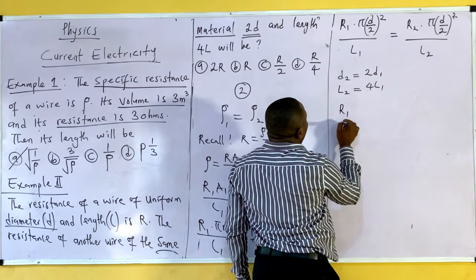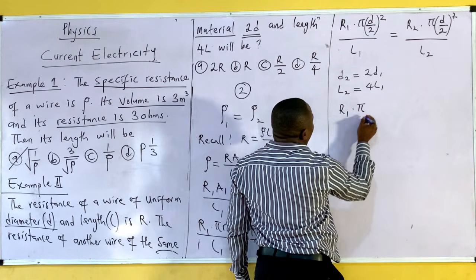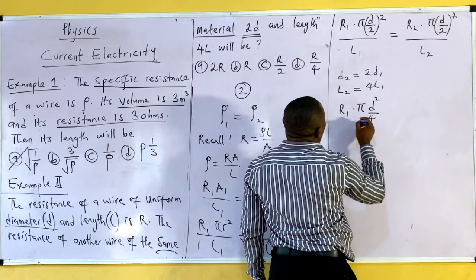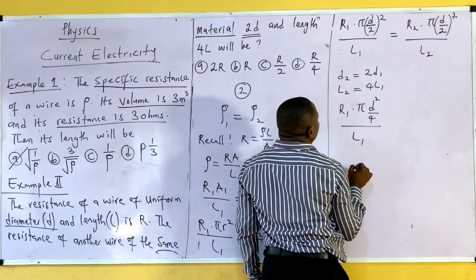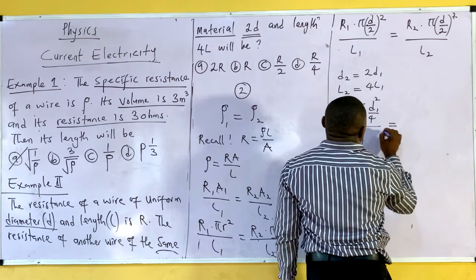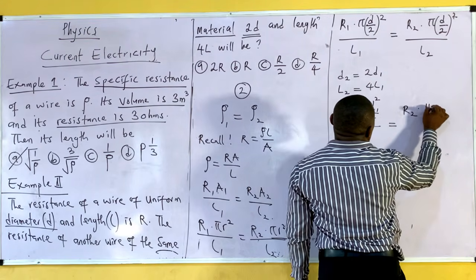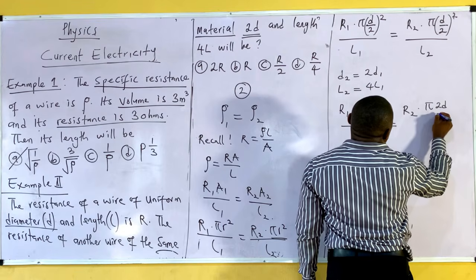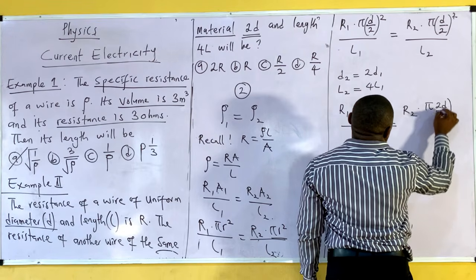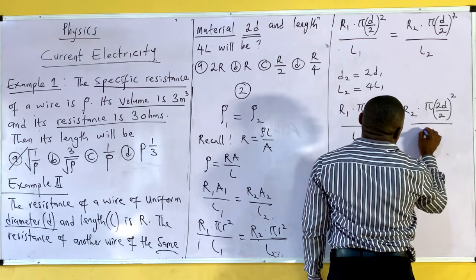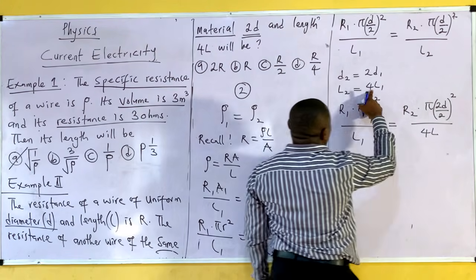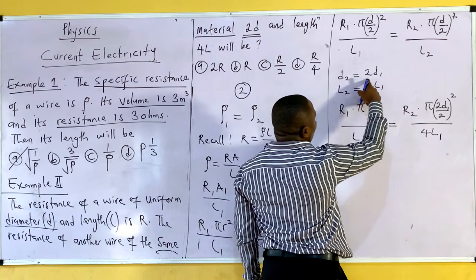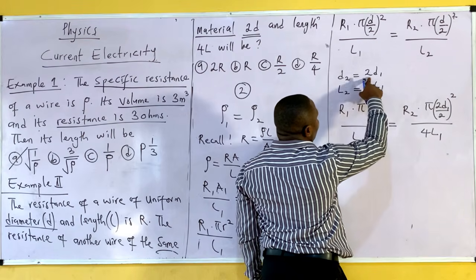I will now have R1 pi D1 over 2, all squared, over L1, is equal to R2 pi 2D1 over 2, all in bracket squared, over 4L1, because my L2 is 4L1. Take note that my D2 is 2D1.